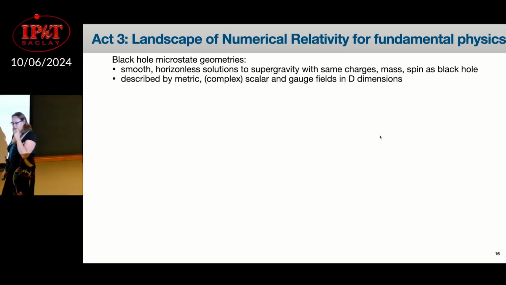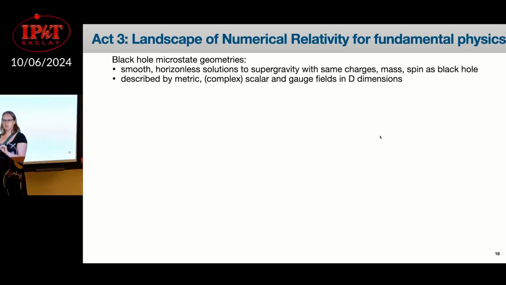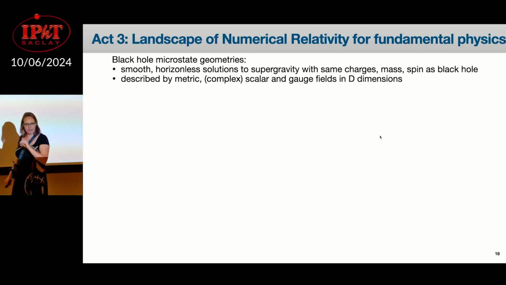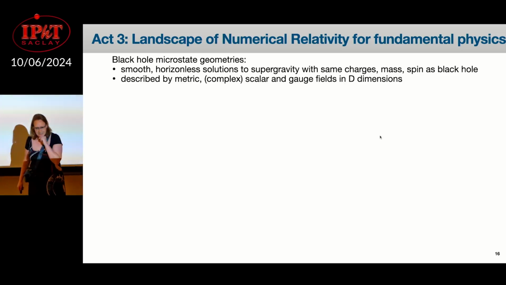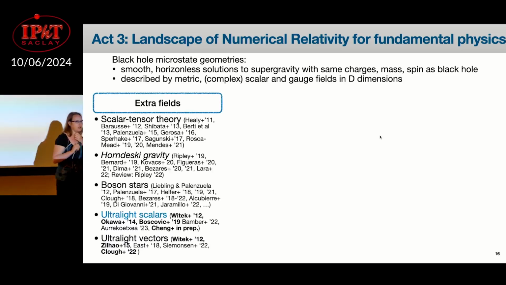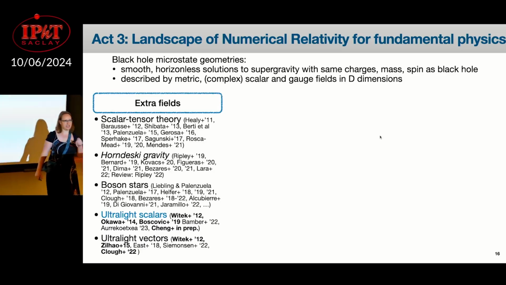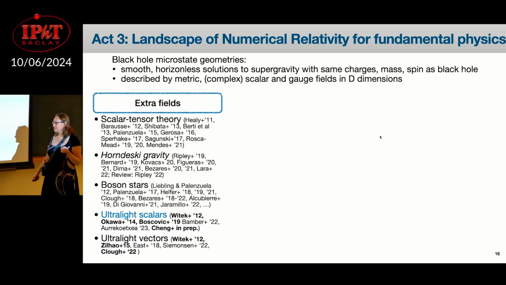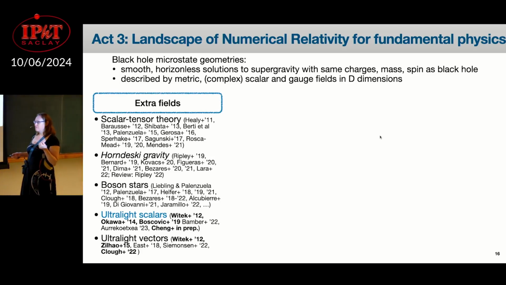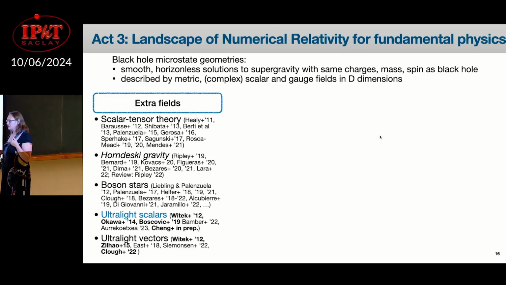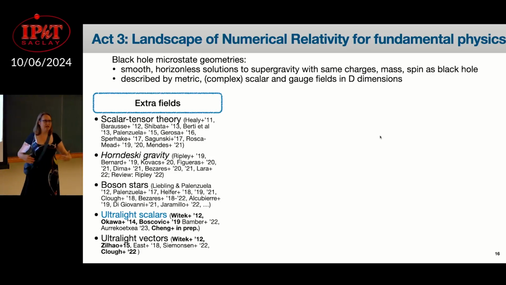Now let me give you a list of things that people have thought about in numerical relativity, and I don't need you to read all of the details, but people have thought about adding extra fields. From just thinking about modifications to general relativity that are scalar tensor theories, the vanilla type and Horndeski gravity, people have thought about boson stars, people have thought about adding very light scalar or vector fields.